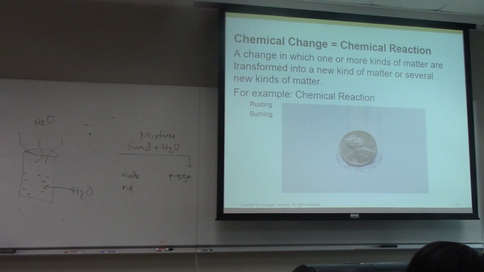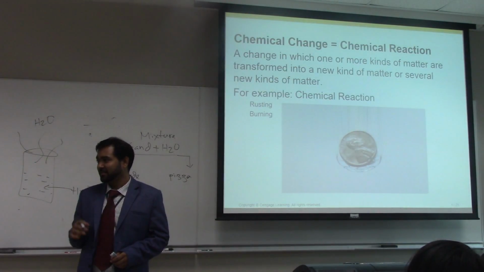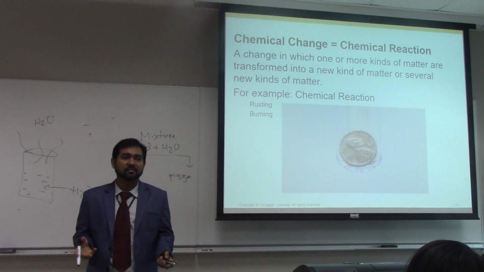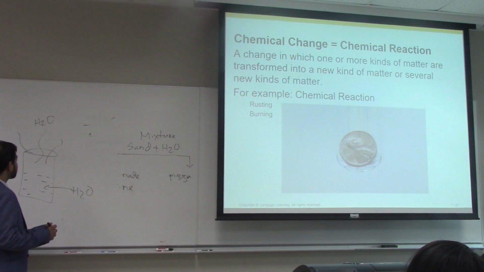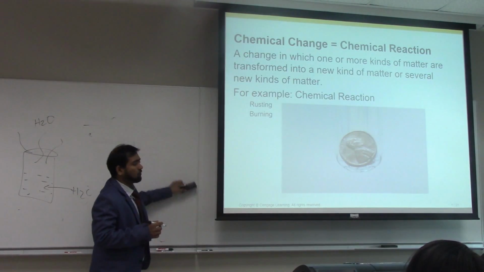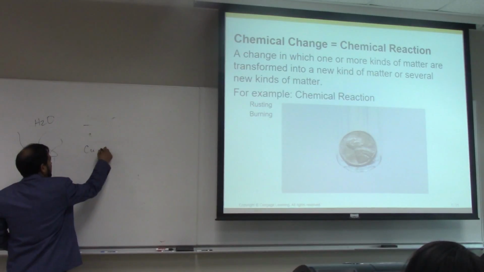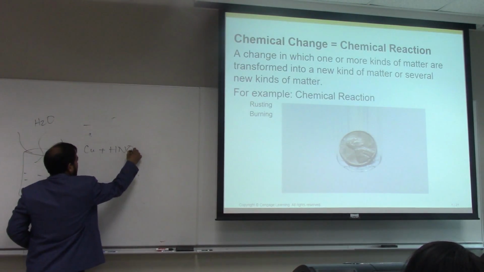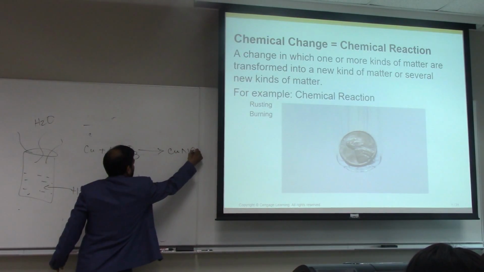so what was happening in this reaction? The penny melted into the acid, or some solvent. The penny melted, it was a copper penny, and when the copper dissolved in the acid, it formed a completely new compound. So the penny made of copper is reacting with the nitric acid, forming copper nitrate.